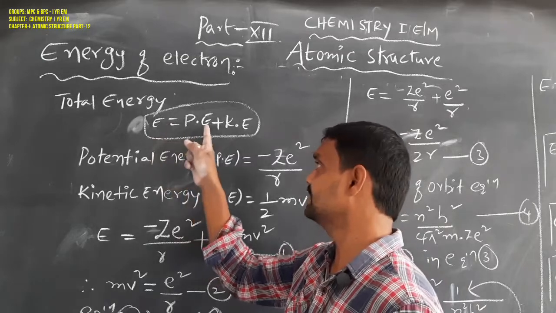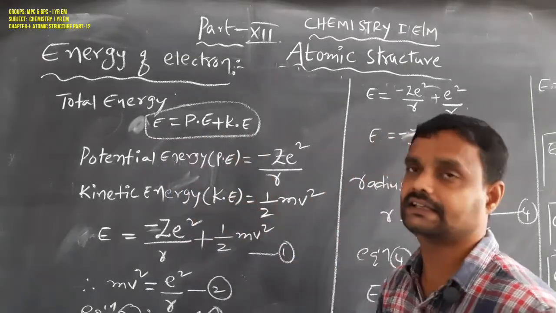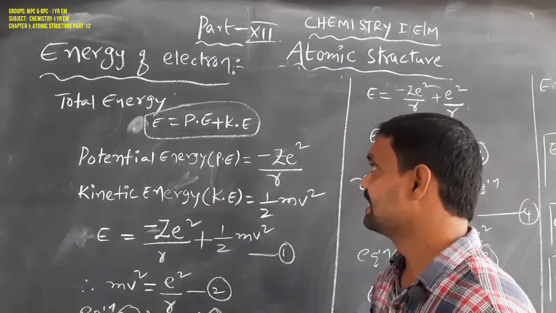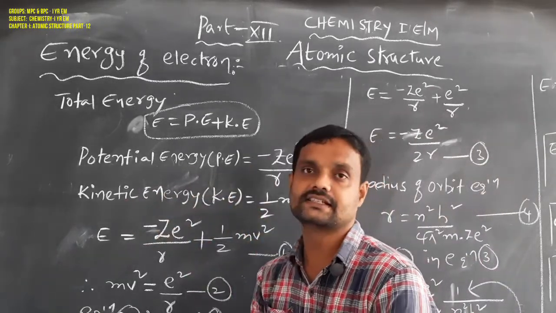So E is equal to PE plus KE, where PE means potential energy and KE means kinetic energy.